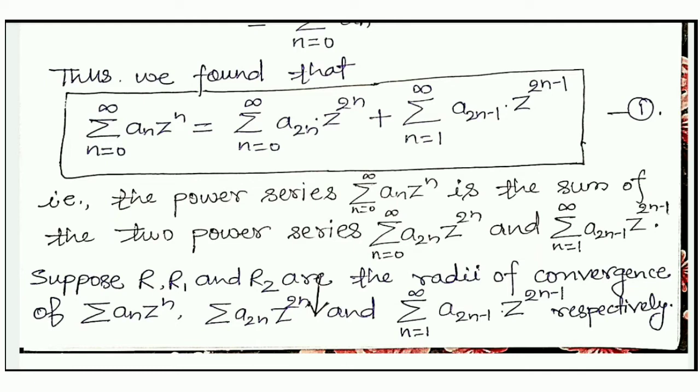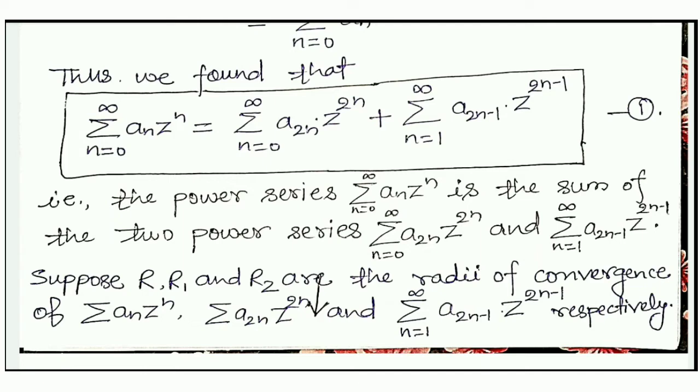Here the power series summation a_n z to the power n is expressed as the sum of two power series, summation a_2n z to the power 2n and summation a_2n minus 1 z to the power 2n minus 1.